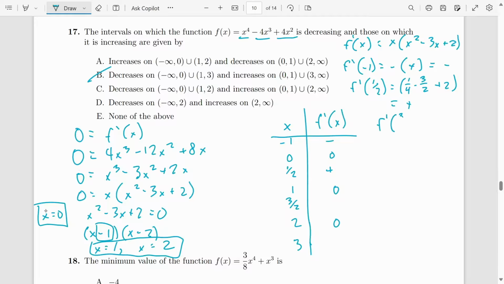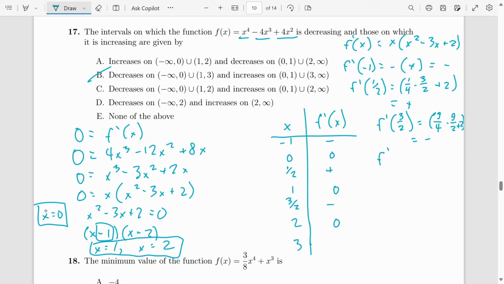Now f prime of 3 halves is going to be 9 fourths minus 9 halves plus 2. That's going to be 9 halves minus 9 fourths is 9 fourths, so this is going to be negative 9 fourths plus 2, which is negative 1 fourth. So that's negative right there.